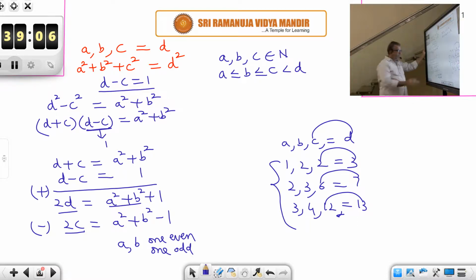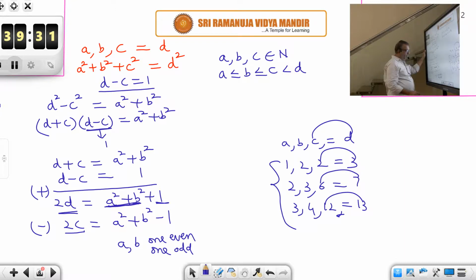So if one is even and one is odd, what happens? Even square is even, odd square is odd, even plus odd is odd, plus 1 is even. So 2d is even. That way it will be correct.